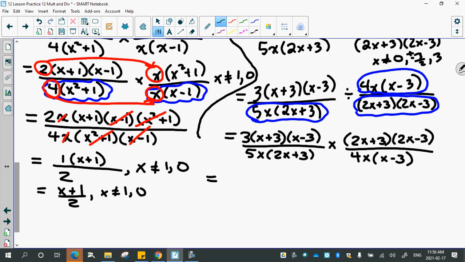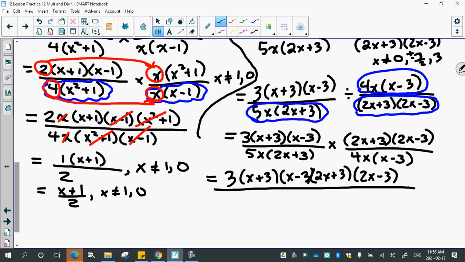Okay, good? All right, the next step after that is to multiply the tops together with any monomial term first. So if I'm looking at the top, the only monomial term I see is the 3. Does everyone agree with that? So that's going to go first, and then all my binomials. But in the bottom, there are 2 monomials, the 5x and the 4x.